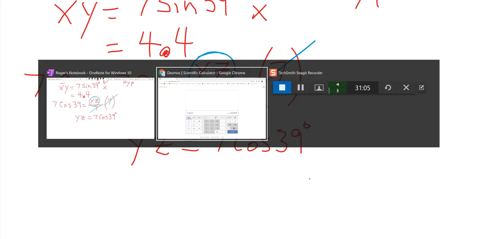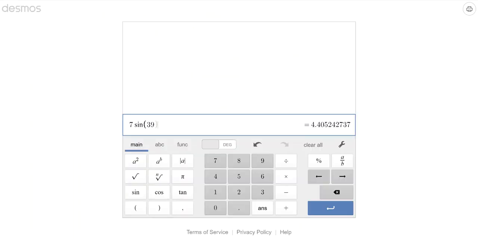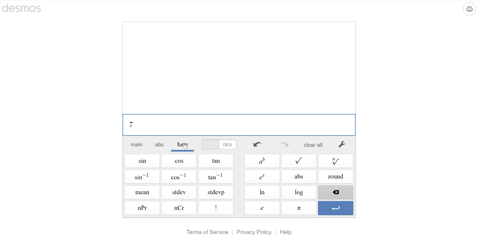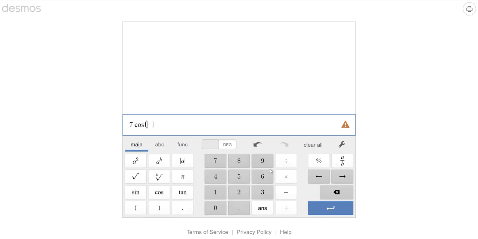Back to our calculator. Okay, clear things out again. And now we're going to go 7 times the cosine of 39. We get 5.44, or to the nearest tenth, 5.4.